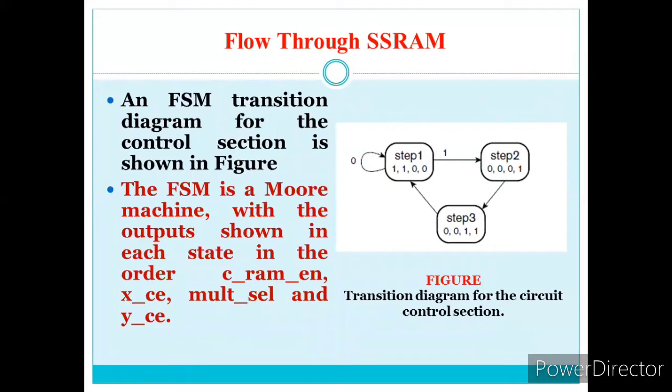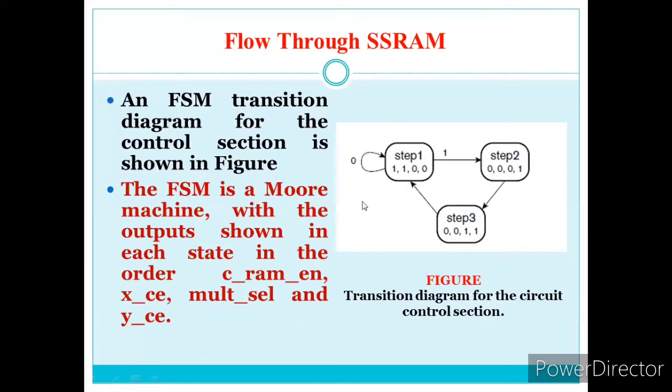So let us understand the same timing diagram with the help of an FSM. If we observe step 1, if the initial condition is 0, it remains in the same state, step 1. Let us understand what these values are. The first one is the RAM enable input, that is the chip RAM enable input is 1.